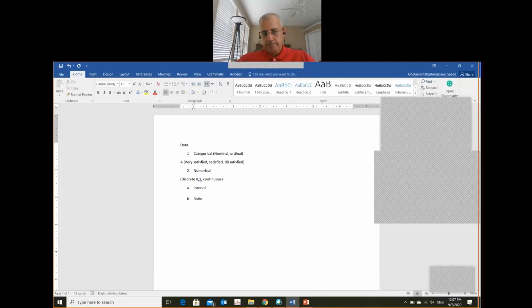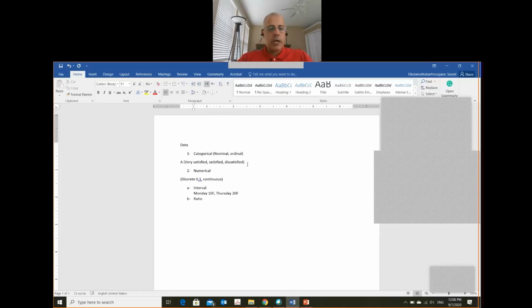Interval data have all the characteristics of the ordinal variable. We can define the ordering between values, and the other point is that in interval we can measure the difference. For example, today, Monday, is 10 degrees Fahrenheit. Thursday, the temperature is predicted to become 20 degrees Fahrenheit.